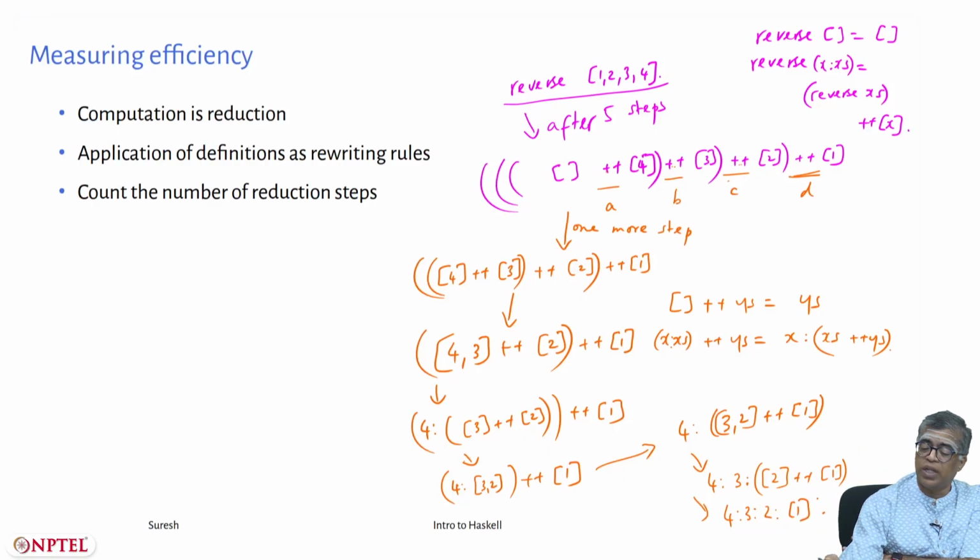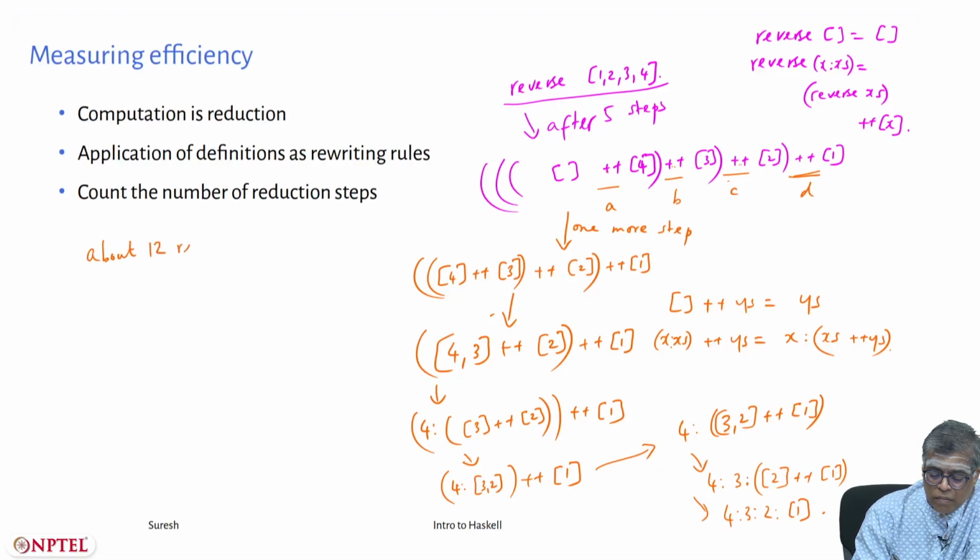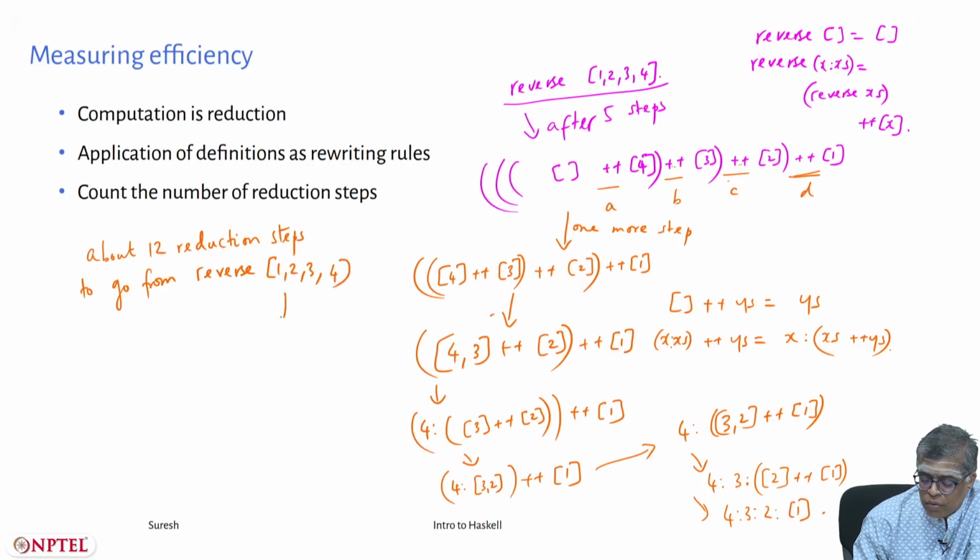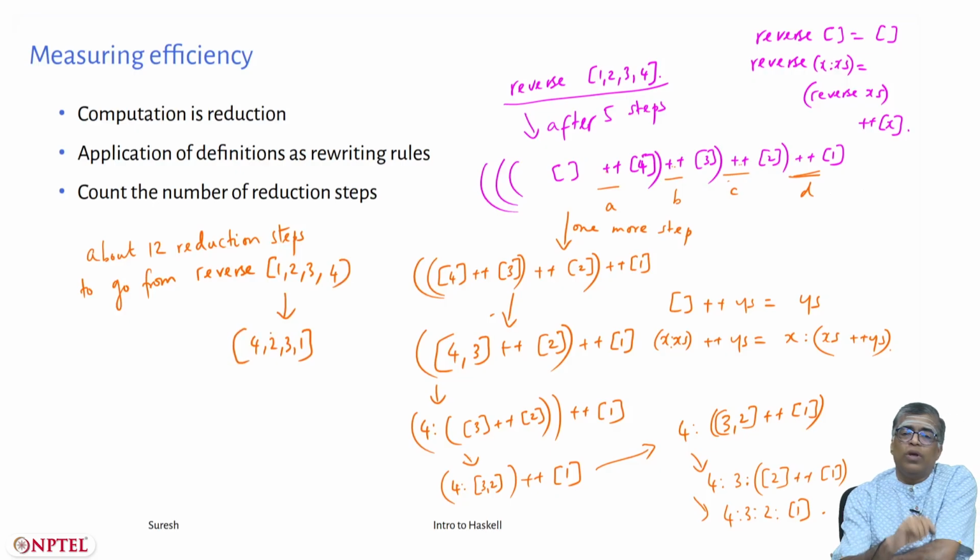Yeah, so you see that after 5 steps you have 6, 7, 8, 9, 10, 11, 12. So it takes about 12 steps to go from reverse 1, 2, 3, 4 all the way to 4, 3, 2, 1. Okay, so this is how you count the number of reduction steps.